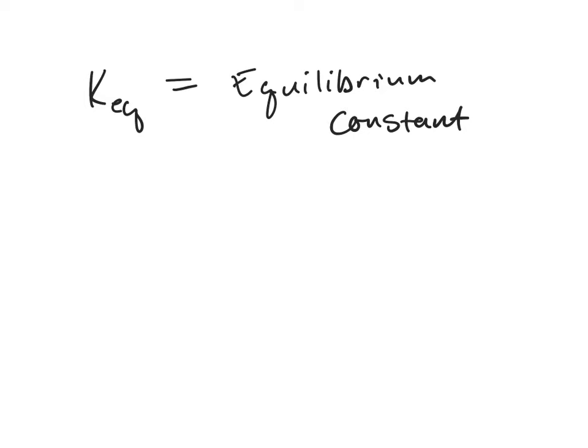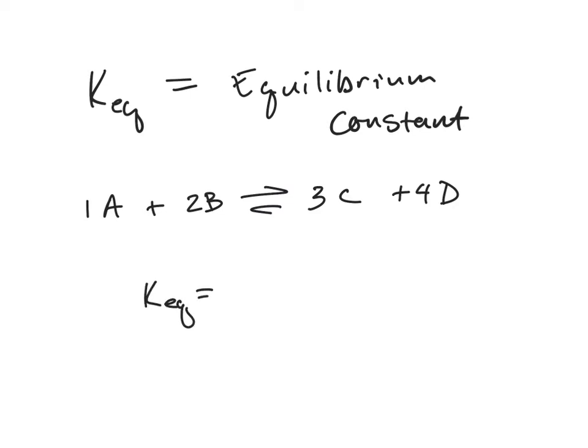But if your reaction is 1 of letter A plus 2 of letter B exists in equilibrium with 3 letter C's and 4 letter D's, if you have a chemical reaction that looks like this, the equilibrium constant can be calculated by looking at the concentrations or the molar amounts of a gas at equilibrium. So the K_EQ is the products divided by the reactants.